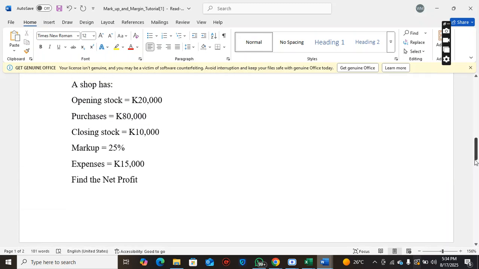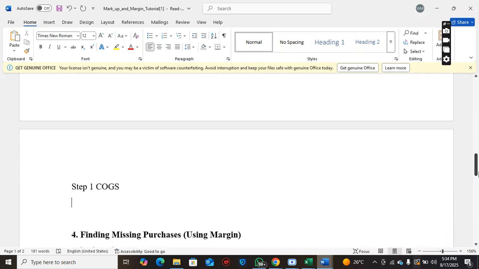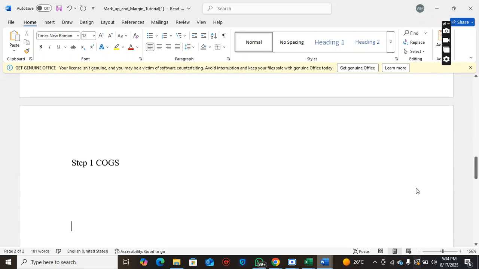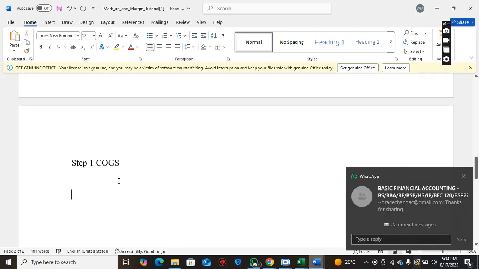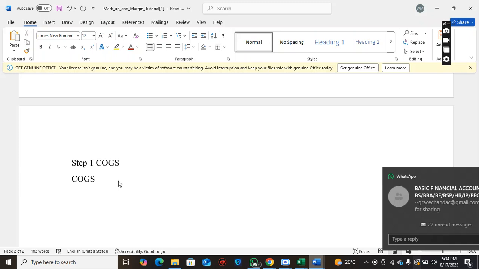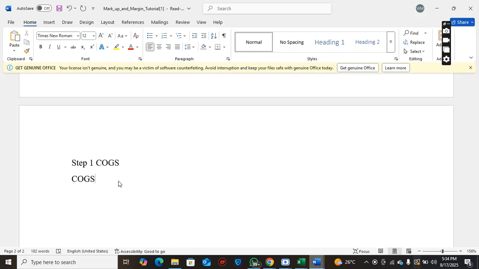If we remember our trading account, how do we get cost of goods sold? Who remembers the formula before I put it in? How do we find our cost of goods sold in our trading account?